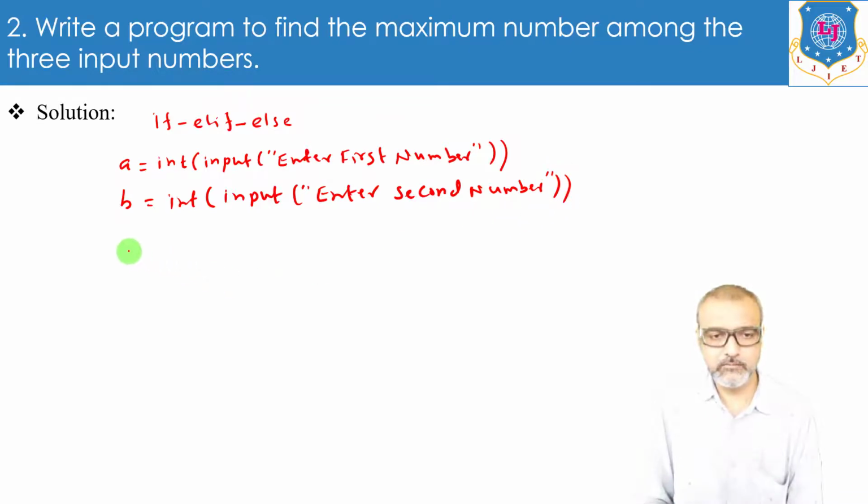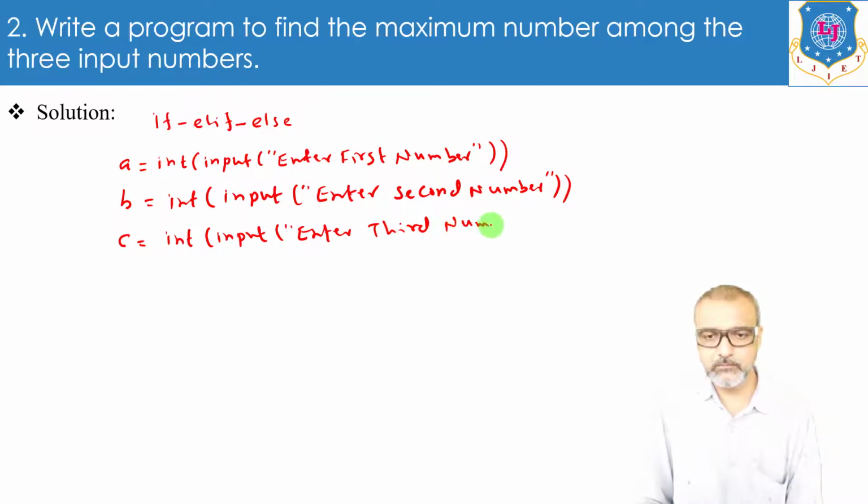Now similarly we will take third number in the variable c, int of input of enter third number. Now we will apply if, elif, else block.